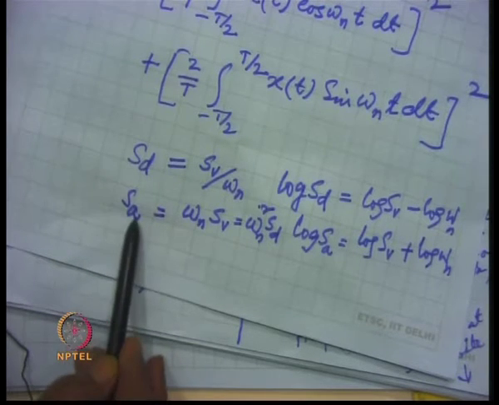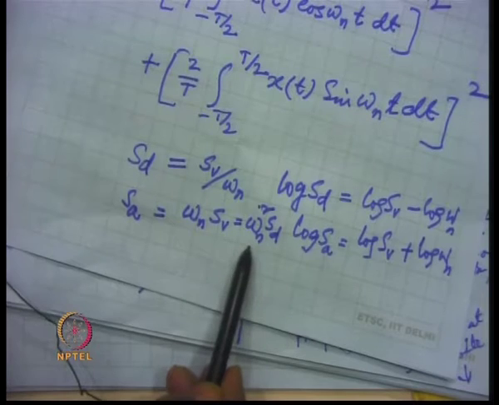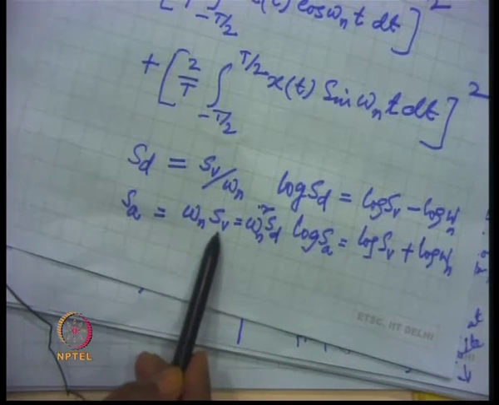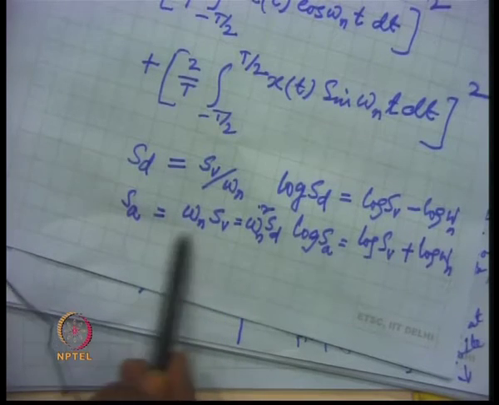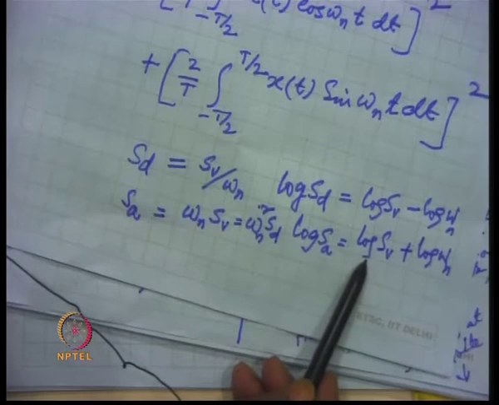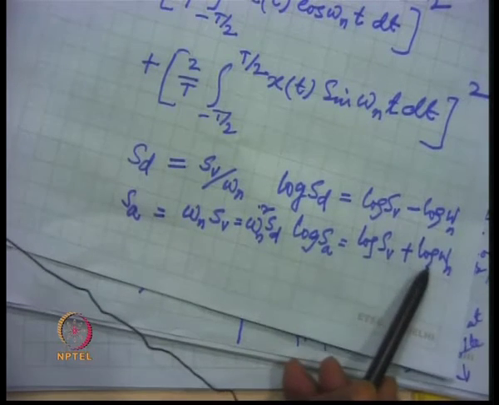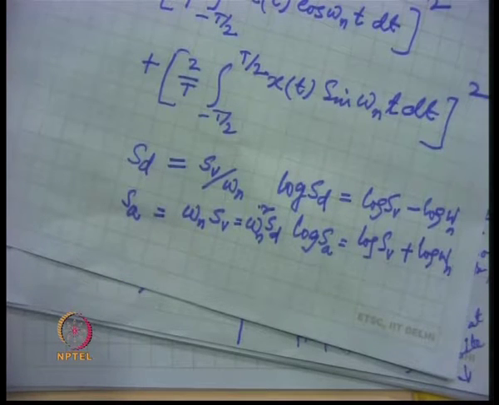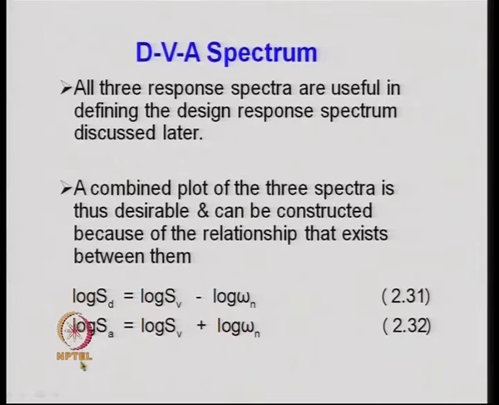SA, the spectral acceleration, can be written as omega n square into SD equal to omega n into SV. So, if we take a log of these, then we get log SA is equal to log SV plus log omega n.